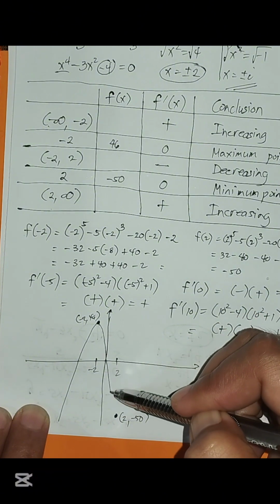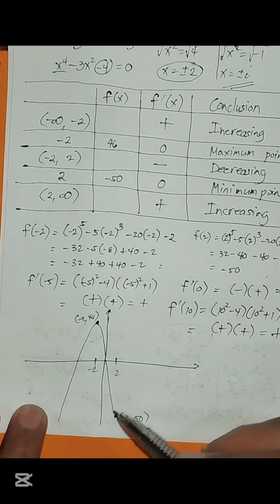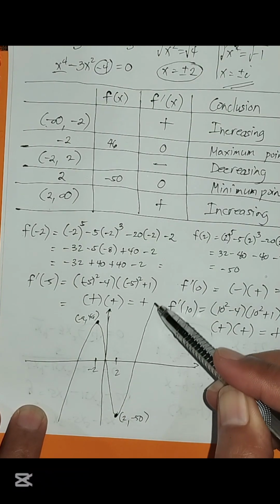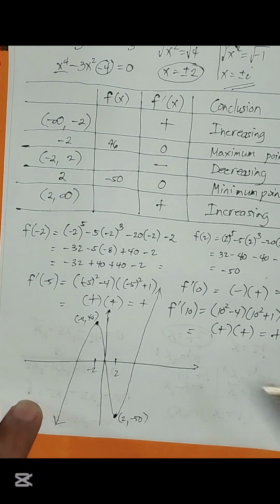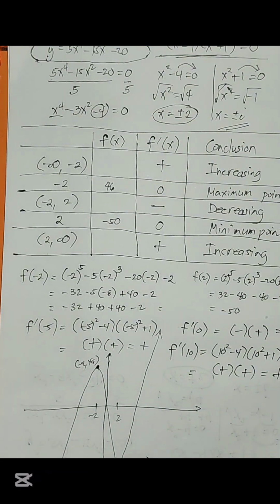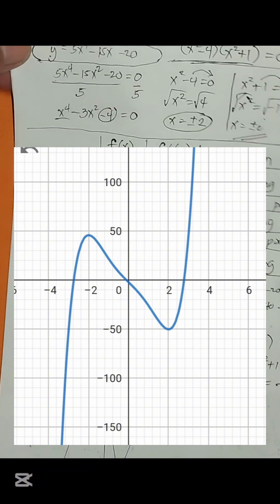And then from 2 to positive infinity, another increasing. Therefore, the graph is like that. Let's put an arrow at this end and an arrow at this part. Okay? So this is the real graph using GeoGebra. Okay, so next, let's solve number 3.